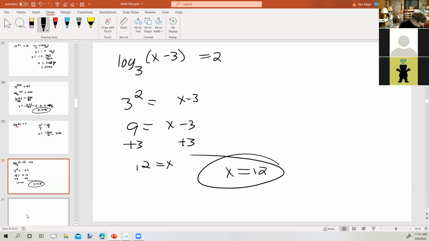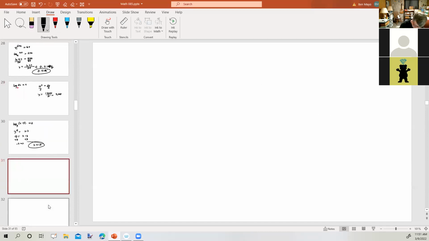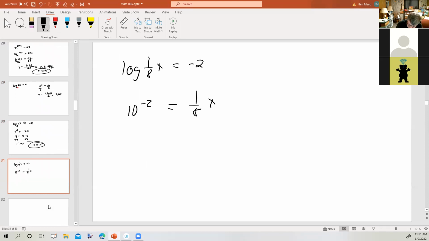Let's take a look at another one of those. Log of 1/8 x equals -2. So again, the base is 10. So 10 to the -2 power equals 1/8 x. Okay. 1 over 10 squared equals 1/8 x. 1 over 100 equals 1/8 x.